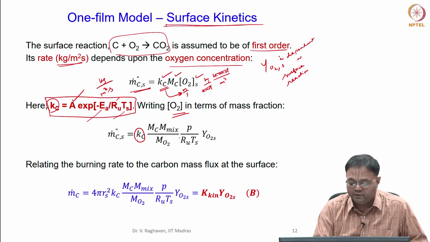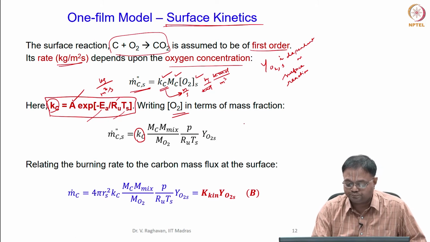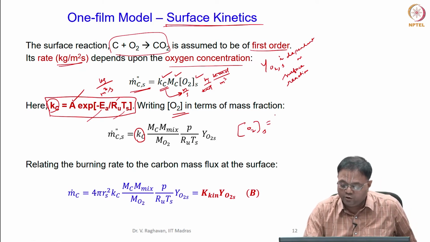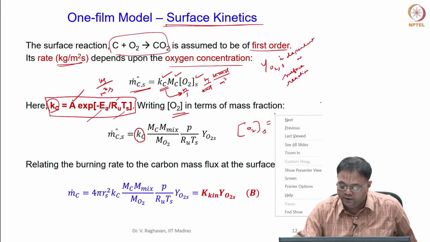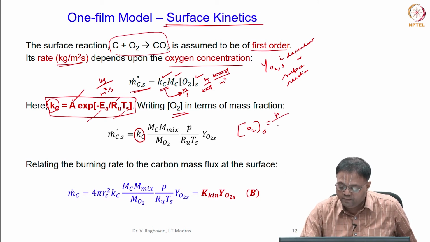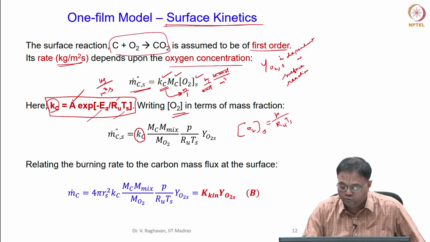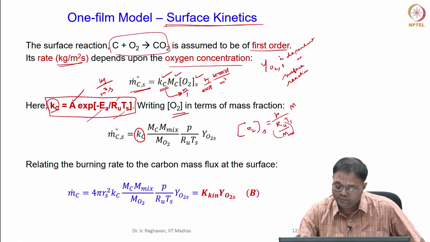The concentration of O2 at the surface is equal to P by Ru Ts, where Ru is the universal gas constant, divided by the molecular weight of the mixture, and I am multiplying by the molecular weight of O2 also.